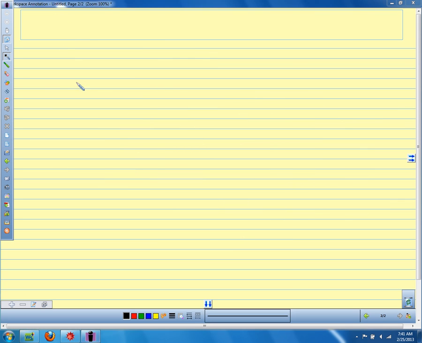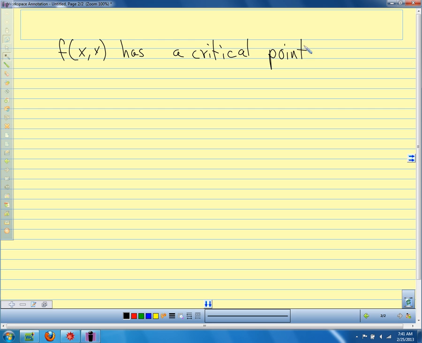So we're going to define a critical point. We're going to say f of x,y has a critical point at some point (a,b) if, and we've talked about this a little before, the partial with respect to x at that particular point equals the partial with respect to y at that particular point, and they both equal 0.